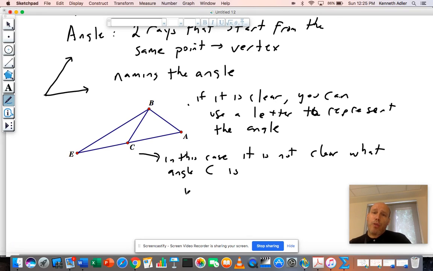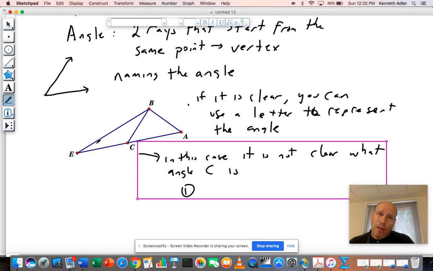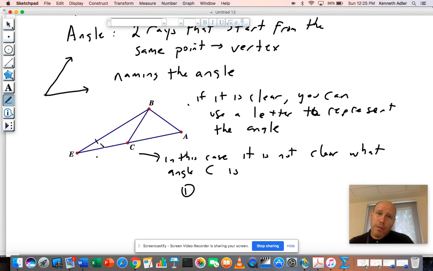So you have 2 options. Either put numbers in. I like doing that. Here's here. Whoops. 1, 2, 3, 4, 5. So you can put numbers in, or what you can do is use 3 letters.